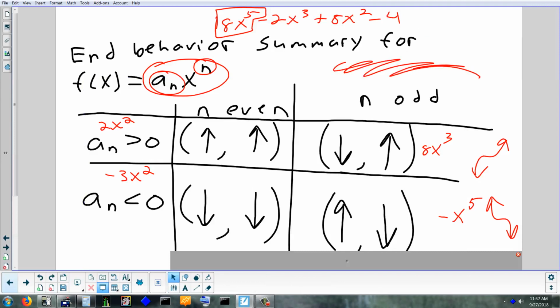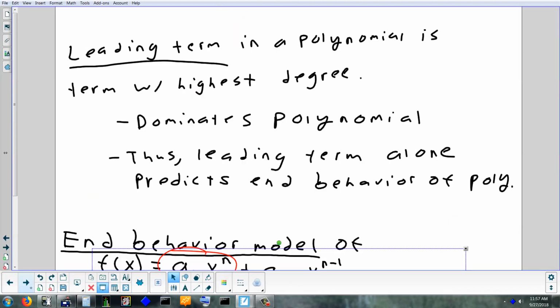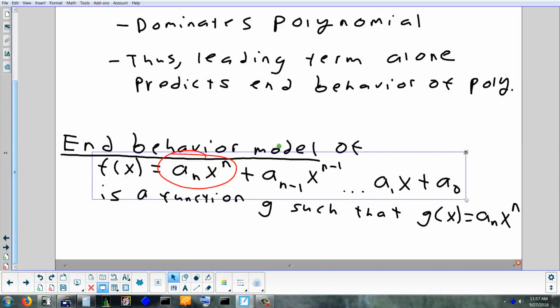That's the model that predicts the end behavior of that function. So the EBM is just the first term. Forget everything else after it. Any question on end behavior model?